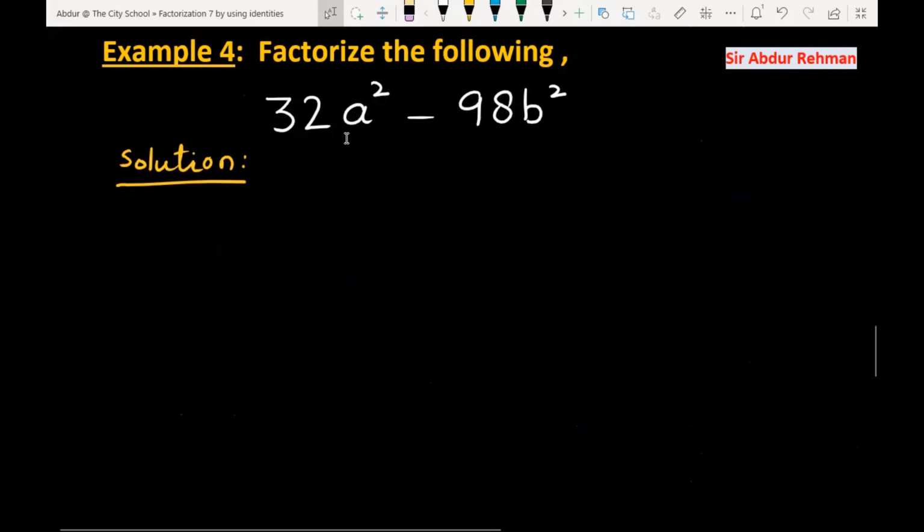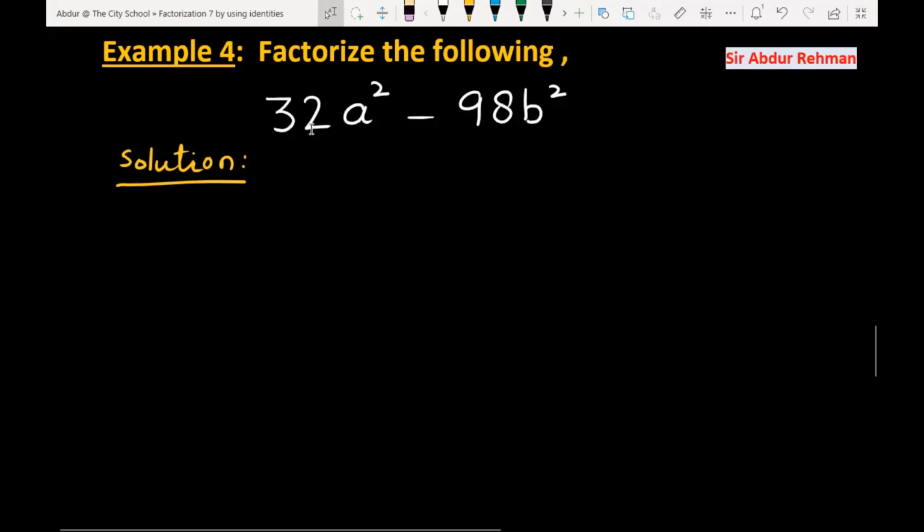The second condition is that first term must be a perfect square and both the terms must be a perfect square. But 32 is not a perfect square, 98 is not a perfect square. So the question was factorize the following. The first rule of the factorization is to take common. First, I'm going to take common from 32a square and minus 98b square.